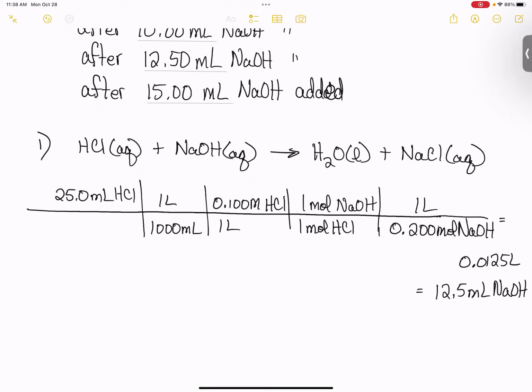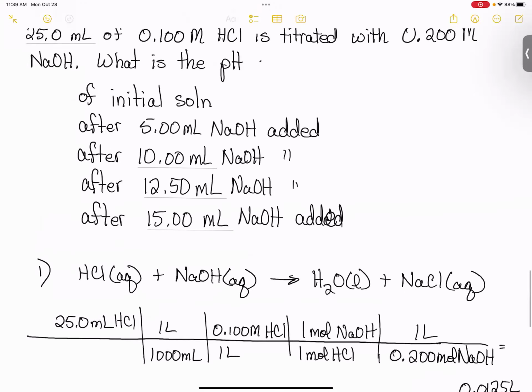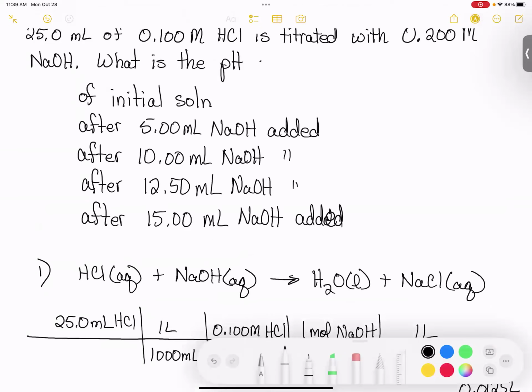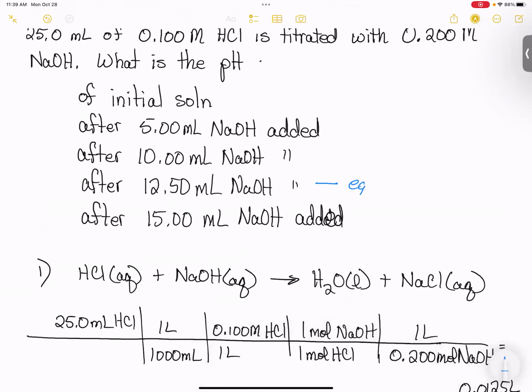Okay. This is where I want you to think. If we go back up to this information up above, we know that this is the equivalence point. At the equivalence point, the pH is always going to be the same as long as it's a strong acid, strong base. As long as it's a strong acid, strong base, the pH at the equivalence point is going to be 7. I didn't have to do a calculation for it.